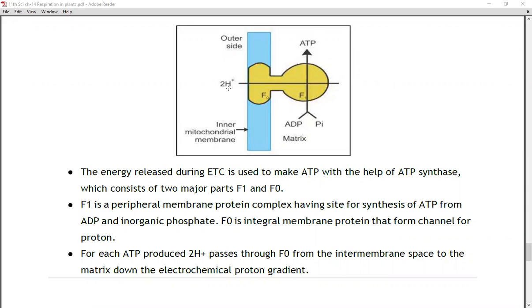So this 2H+, the protons, passes through the F0 part and enters the F1 part, where ADP and inorganic phosphate combine with each other, and in the presence of these two protons, it produces ATP, and this way the proton gradient is balanced. So this is all about the electron transport chain. I hope you are very clear with today's topic, and I hope to see you again. Thank you.